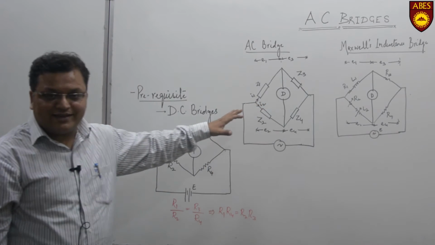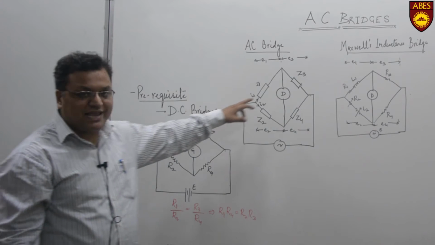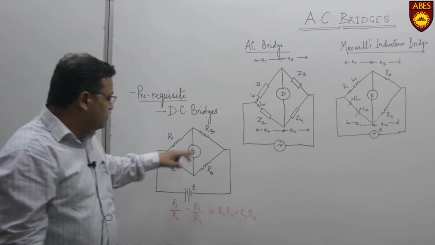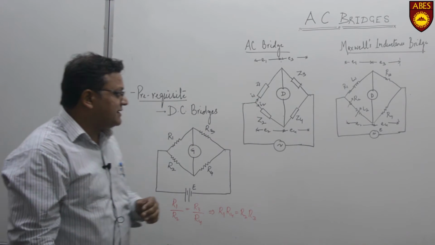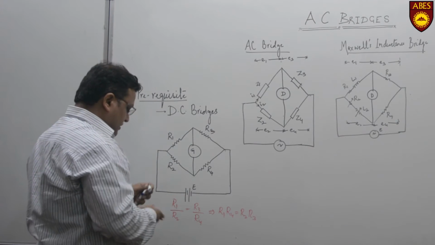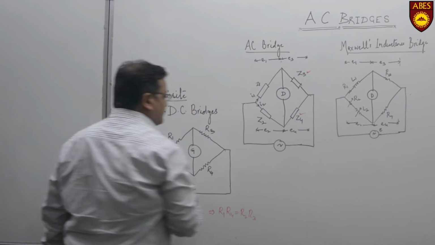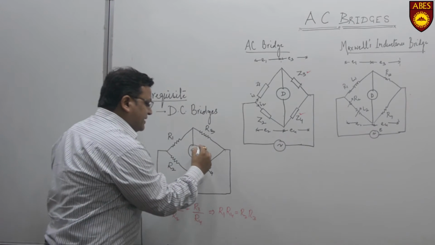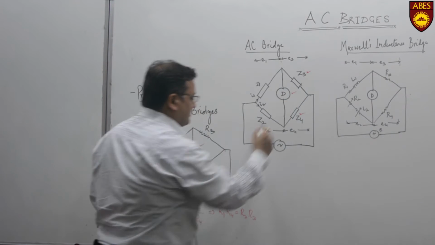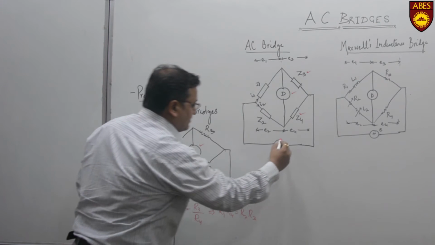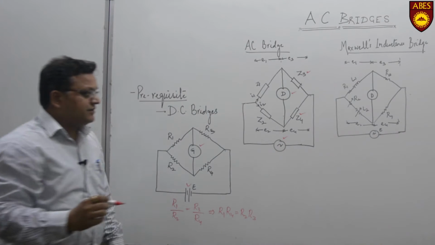The only thing is that R1 is replaced by Z1, R2 by Z2, R3 by Z3, and R4 by Z4. The galvanometer is replaced by a detector and the DC source by an AC source.